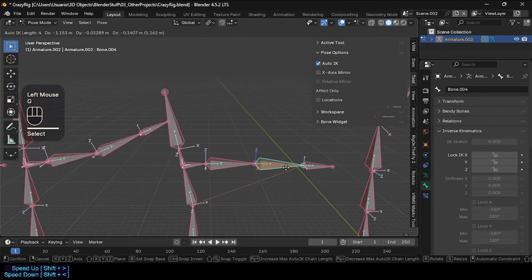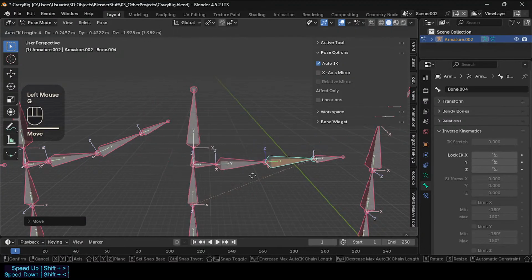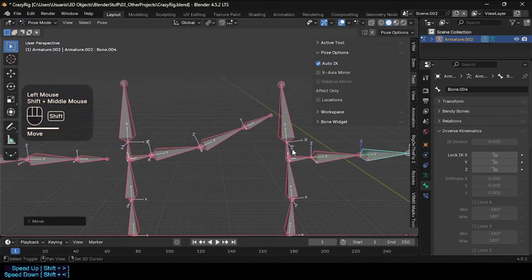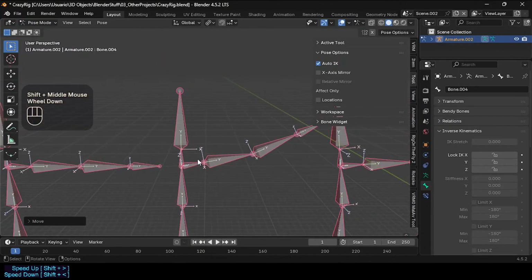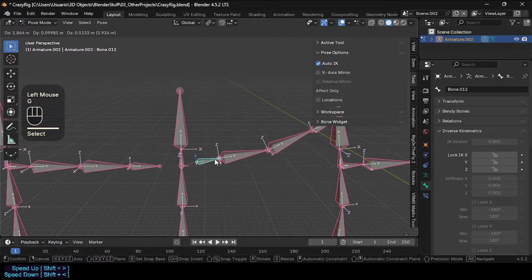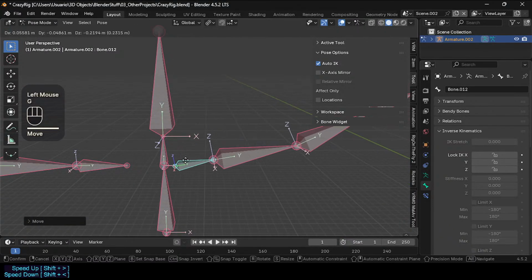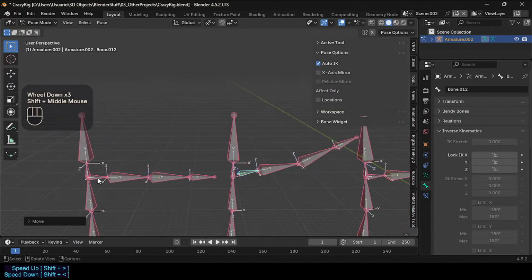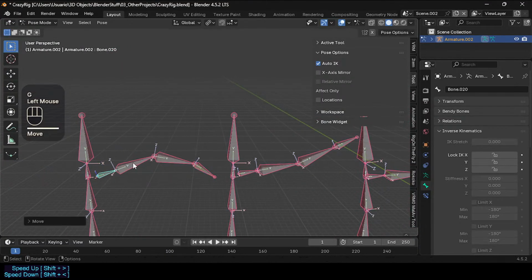So I'm not asking that we have this working for disconnected parenting. I'm just asking that when it is connected, we can do more stuff like the Auto FK chain, and also that if we have a disconnected bone like here, we can also have this behavior, even improved by all that I've mentioned.